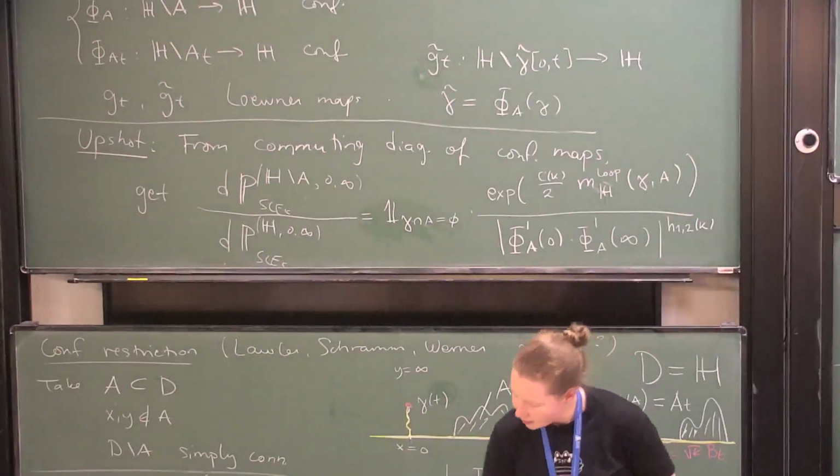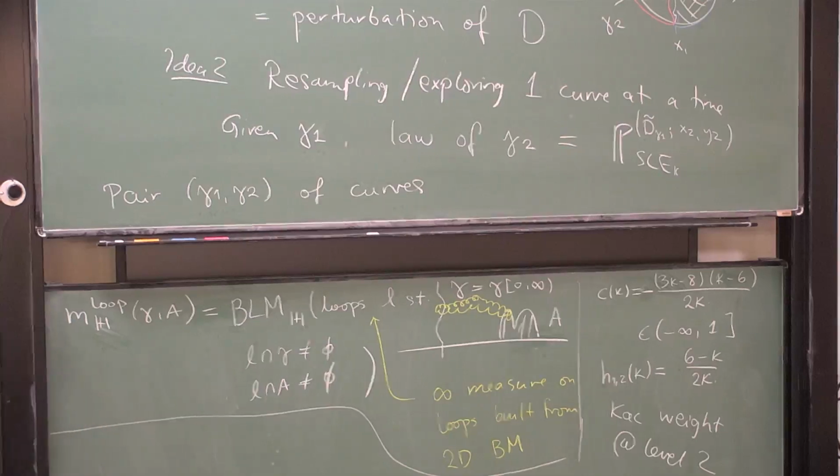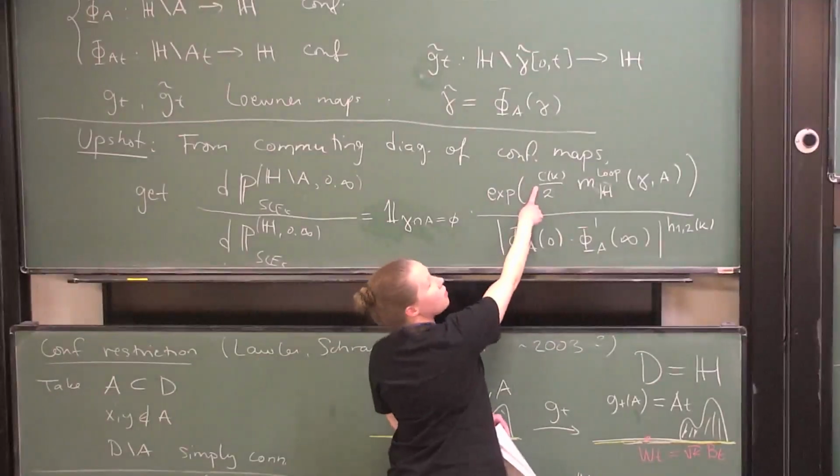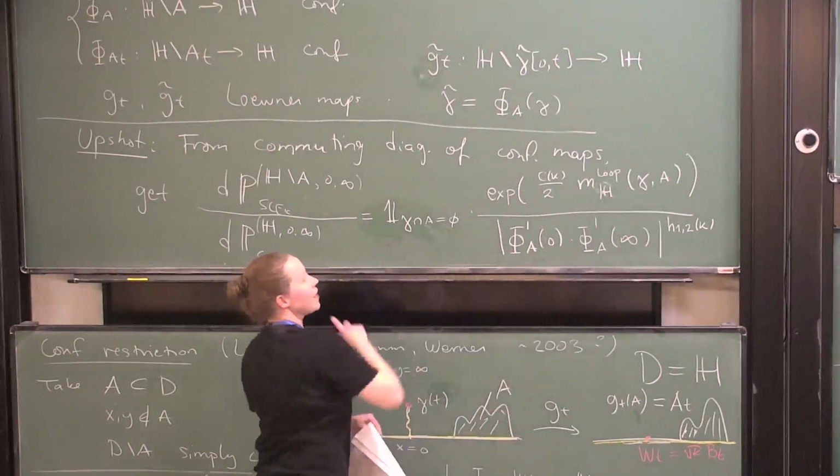Right. There must be an easy way of understanding that for kappa equals 8/3 that it doesn't even depend on this Brownian. Oh yeah, exactly. So you can see that here there's the central charge. So if this is 0, there's nothing, right? But you still have to restrict.